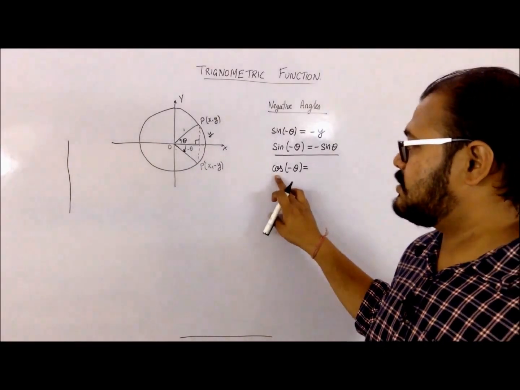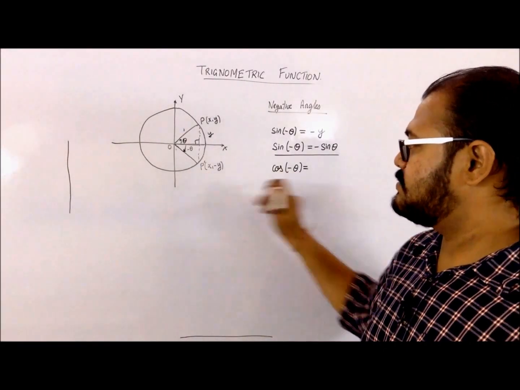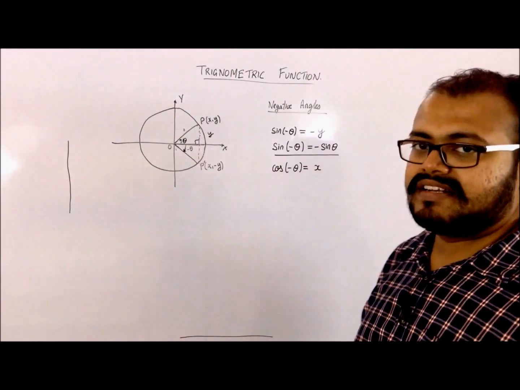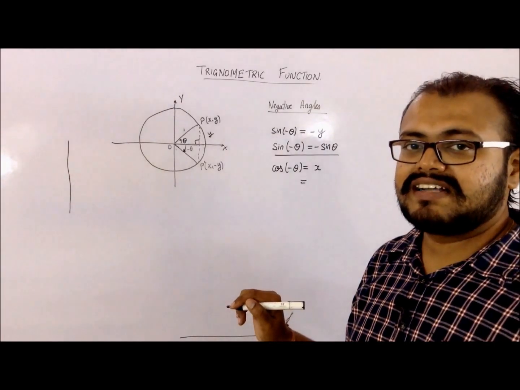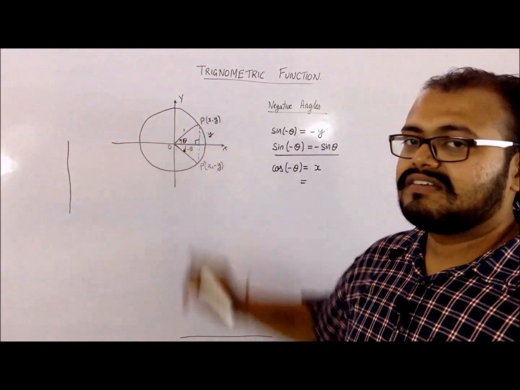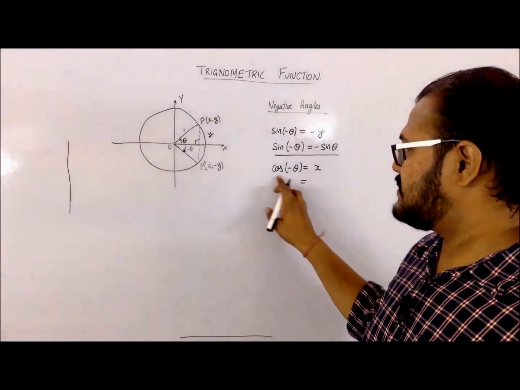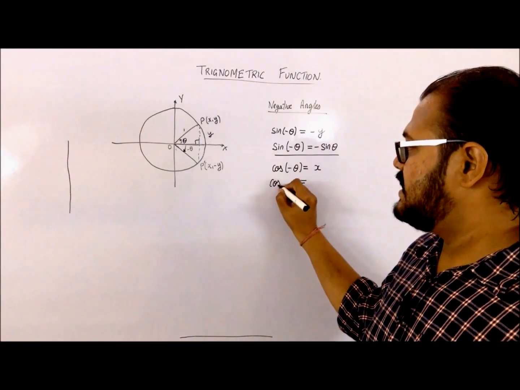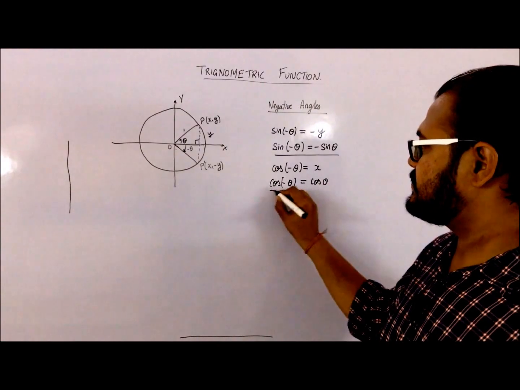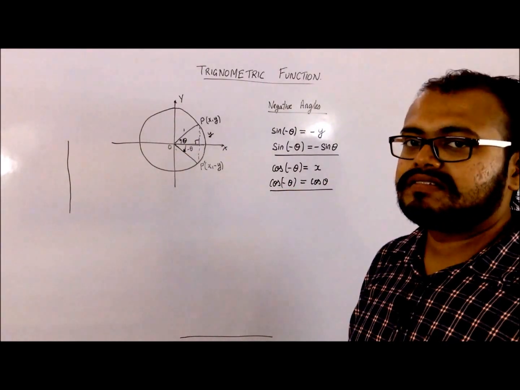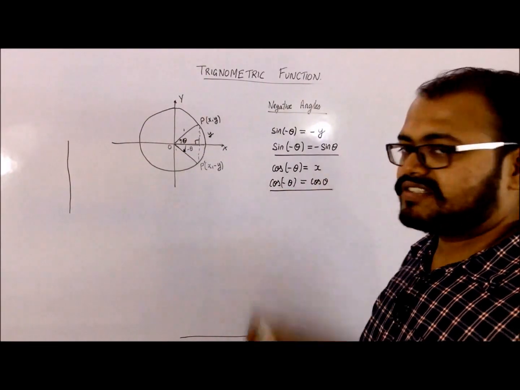So that is why my cos of minus theta will be equal to the x coordinate of the point on the circle. X was the answer for cos theta for a positive angle. So that is why my cos of minus theta has the answer of cos theta. So I have got these two relations.